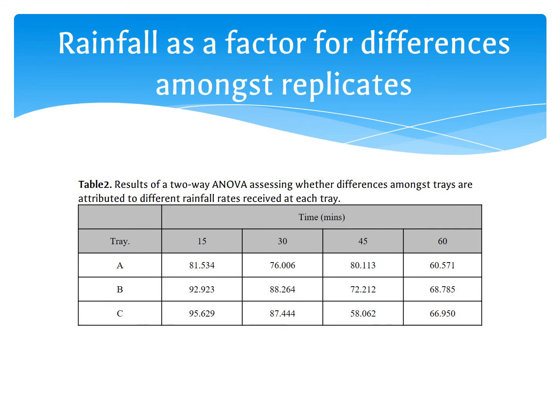To assess whether the observed differences in runoff times among the 3 trays were influenced by surface roughness, an ANOVA test was performed to eliminate different rates of rainfall as a factor. The raw mean values for each tray and at each different rainfall rate are presented.